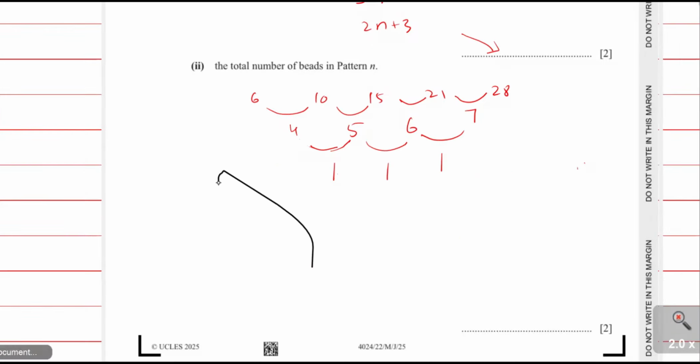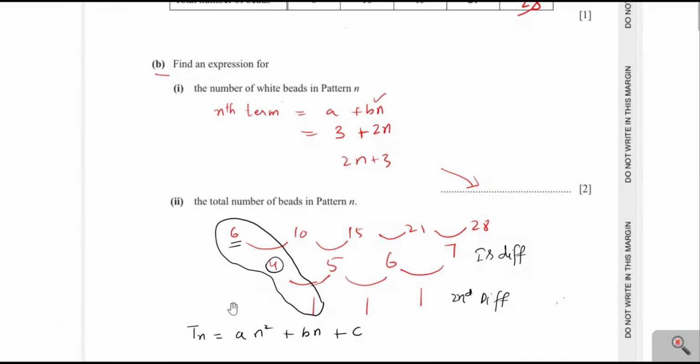The nth term value of the quadratic sequence will be equal to Tn equal to an square plus bn plus c. To calculate the values of a, b, and c, we will use three formulas. 2a equal to the second difference value, and the second equation we use is 3a plus b equal to the first value of the first difference, and the third equation we use is a plus b plus c equal to the first value of the sequence.